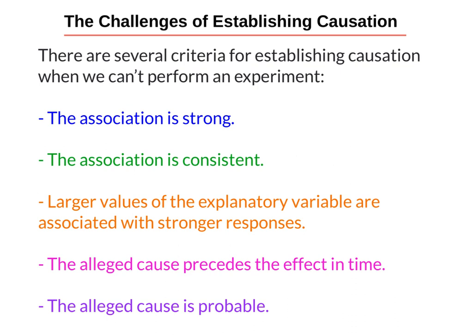Now again, it's not always 30 years, but obviously you start smoking first, that's your cause. Your effect later is that you are diagnosed with lung cancer. Cause and effect. And then the last one is that the alleged cause is probable. So in our example with lung cancer, experiments with animals have shown that tars from cigarette smoke do cause cancer in those animals, which is sad for everybody involved.